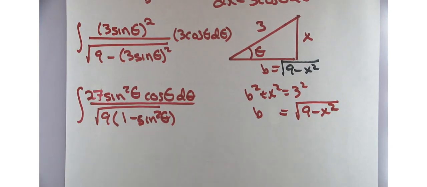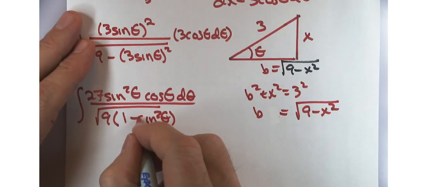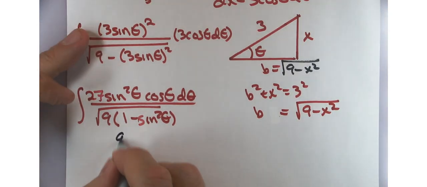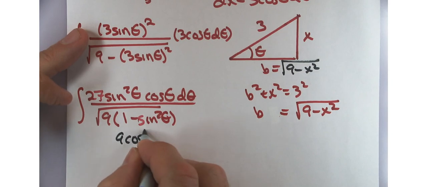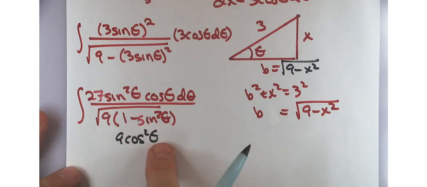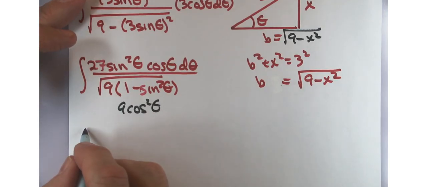What happens to 1 minus sine squared of theta? What's the nice thing I can do here? Yeah, cosine squared. So this is really 9 times cosine squared of theta. And the square root of 9 cosine squared of theta becomes what? 3 cosine theta. Thank you.